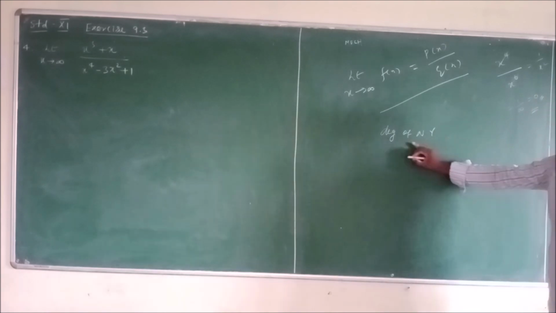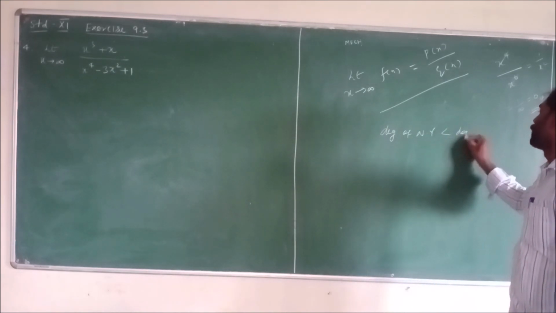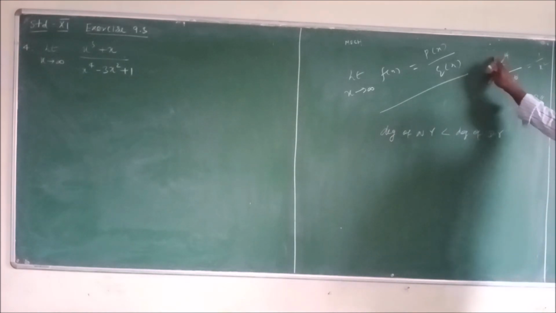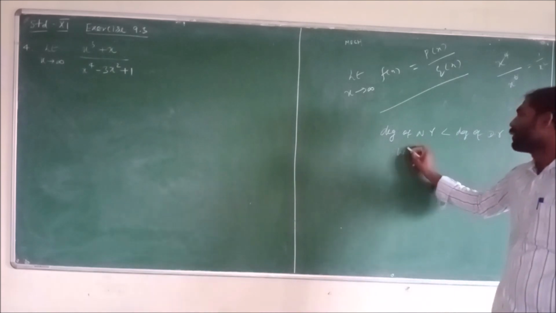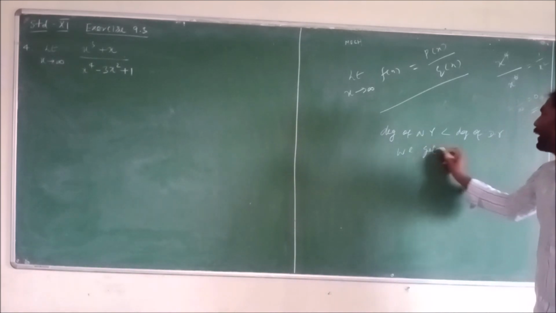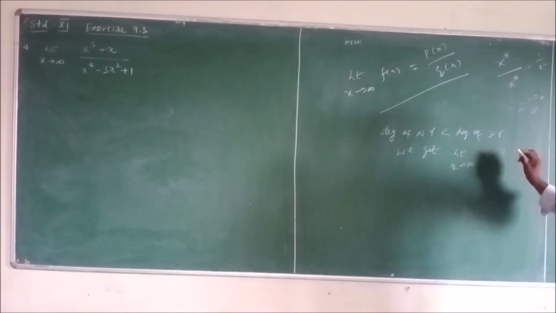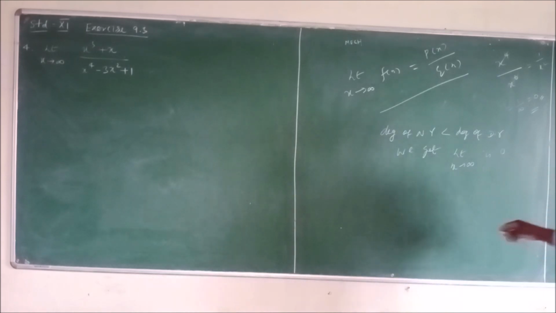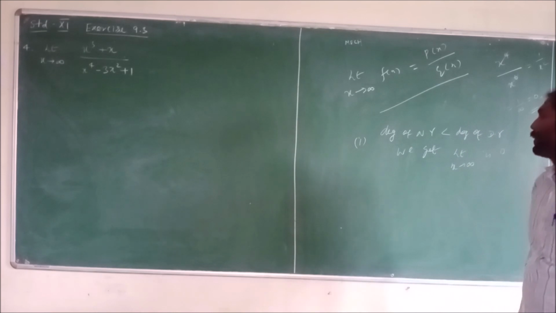It is clear that the degree of the numerator is less than the degree of the denominator. When the degree of numerator is less than the degree of denominator, the limit as x tends to infinity is 0. This is the first condition for this type of limit.